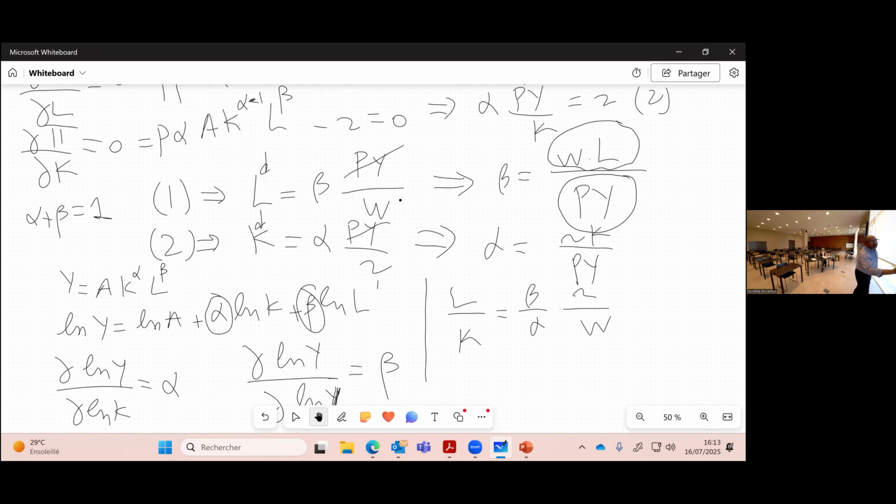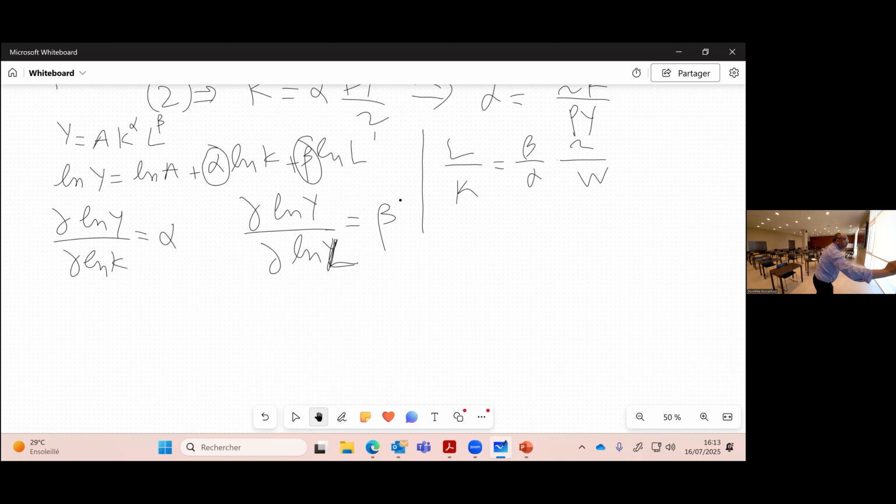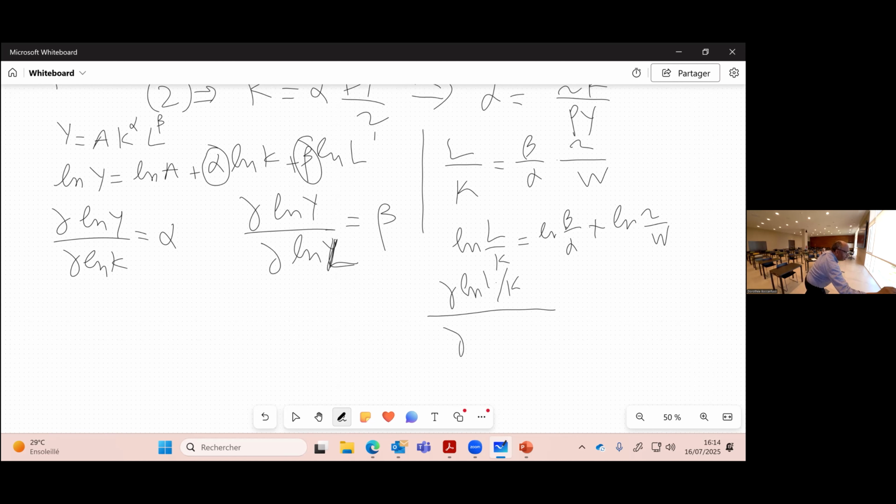From there, we can deduce the variation of the two parts of this equation. Just to give an interpretation, ln of beta over alpha is a constant, but for the two variables, what we can deduce from this is that the derivative of the logarithm of the ratio between the two factors with respect to the derivative of the logarithm of the ratio of the two factor prices equals 1.